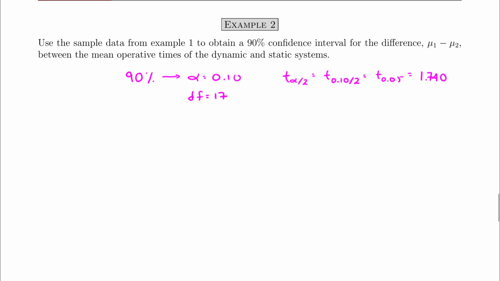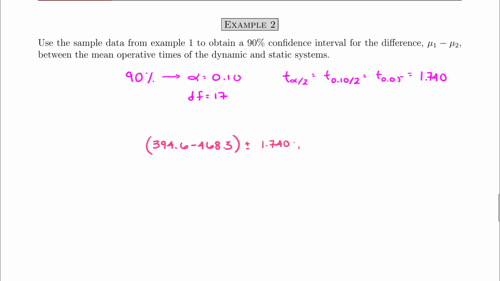So the endpoints are going to be the difference between the sample means. So we have 394.6 minus 468.3, plus or minus our T sub alpha over 2 value, which is 1.740.